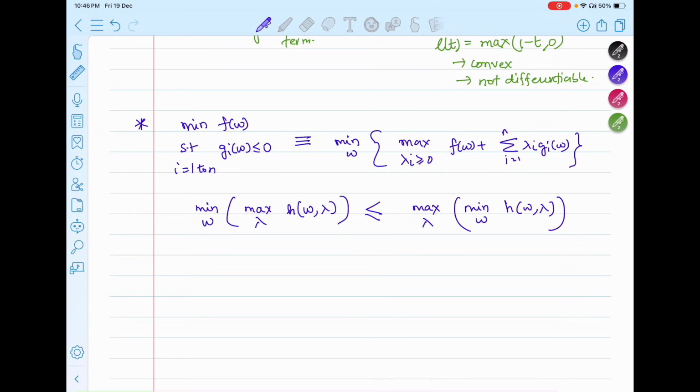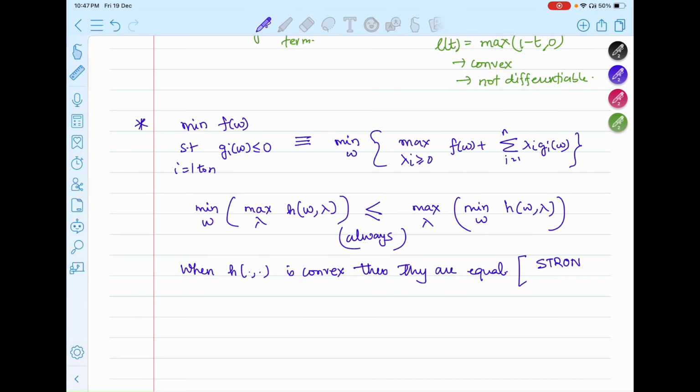Why, I will explain in some other video. This is the revision video, I don't want to get into it. But this always holds. But when h is convex, then they are equal. This is the whole idea about duality. And this is called the strong duality theorem. And the other is called the weak duality theorem.